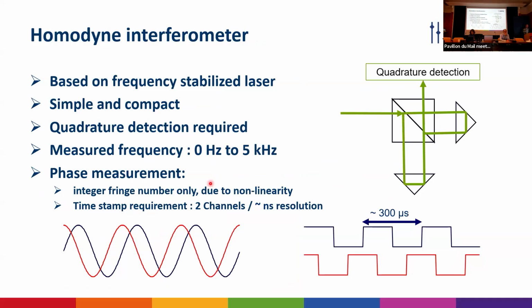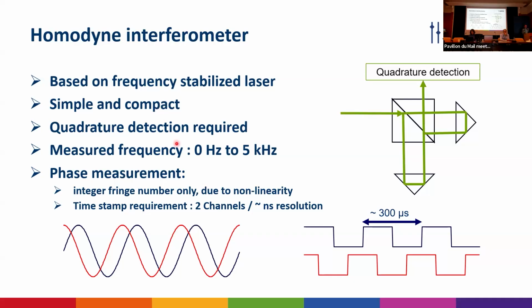But if you consider only integer fringe numbers, then the nonlinearity vanishes to zero, which means that using a homodyne interferometer is possible, with a drawback: you will only be able to count integer numbers of fringes.